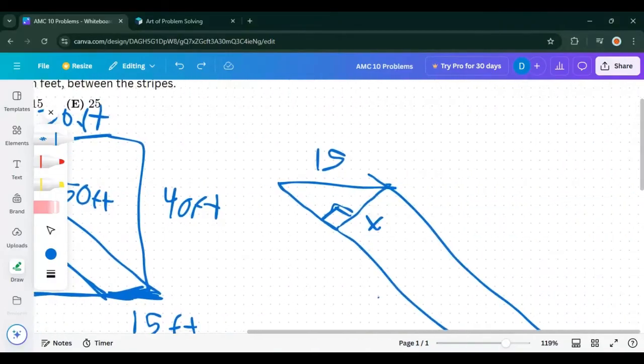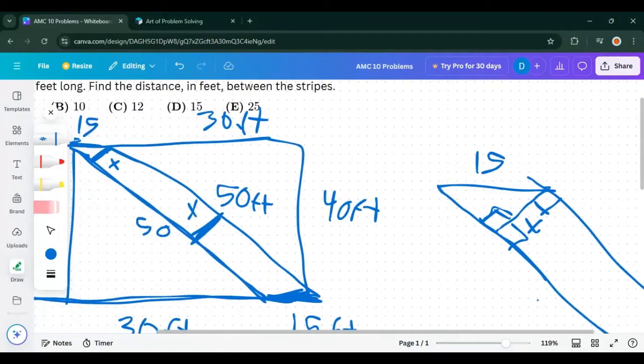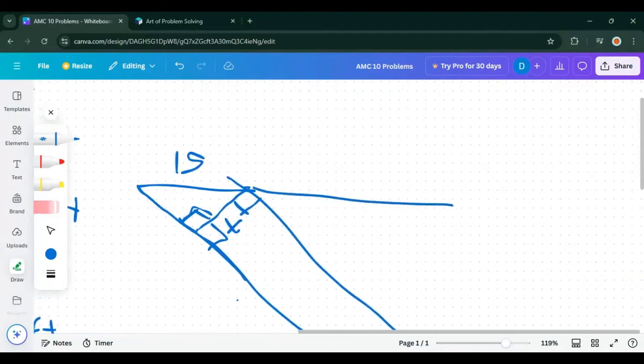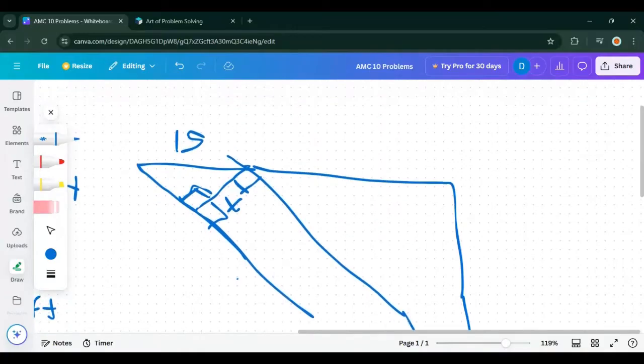We know that this is a right angle because we're drawing the altitude, and this is a straight line, 180. We'll name this angle Y for right now, and we know this is a right angle right here.